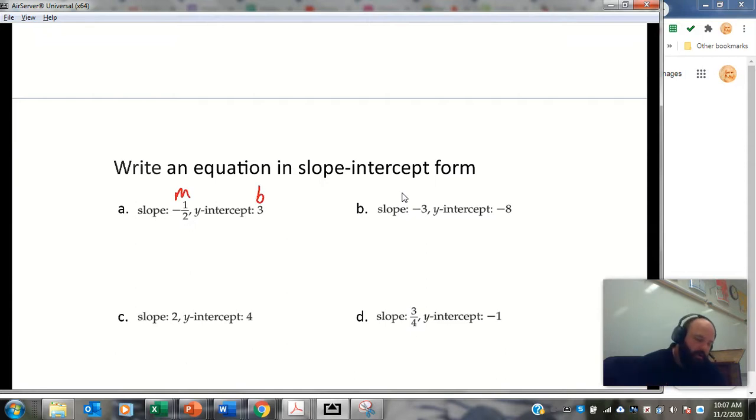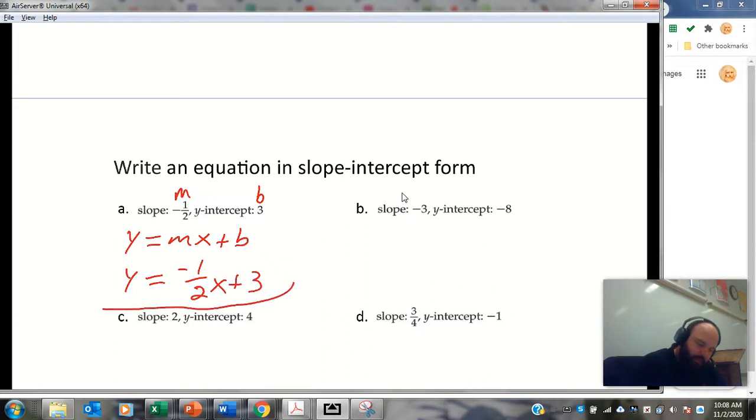From there, you simply take y equals mx plus b, and you put in numbers. So I have y equals negative 1/2 goes in for m. The x stays the x, you don't put anything in for that. And then the b becomes positive 3. And there is your slope-intercept form of the equation.